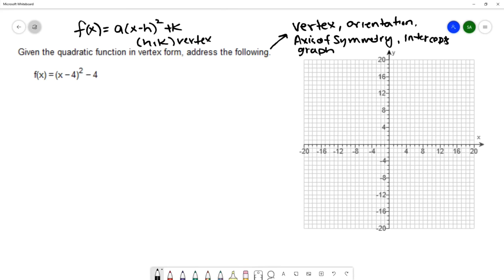So our function is written in that vertex form. After the minus sign, we can see that we have a 4. That's going to be our x-coordinate of the vertex. And right here we have -4, that's the k, and that's the y-coordinate of our vertex. So we have a vertex that is (4, -4).